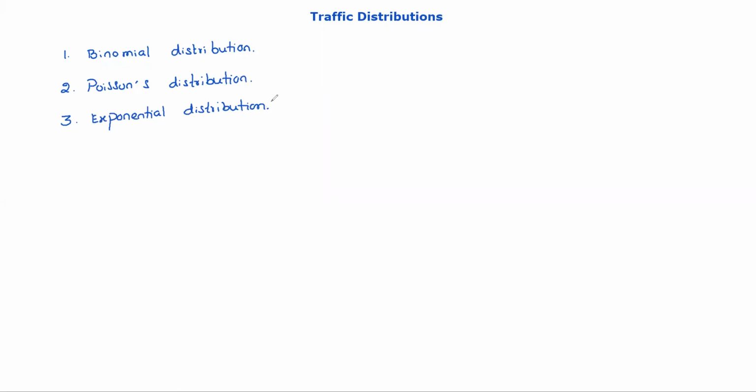First, we will talk about binomial distribution. So in binomial distribution, parameters are n, r, p, q.